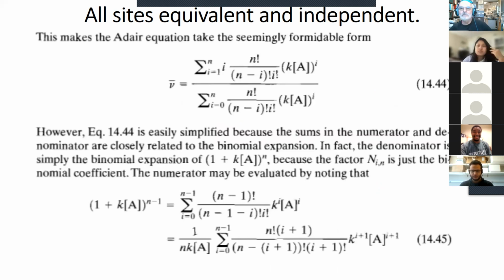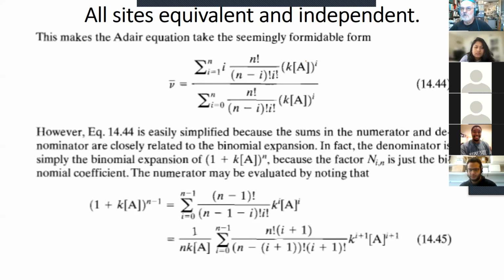Remember up above, we had an equation, big K_i, A raised to the i power. Now we have K raised to the i power, because each addition is multiplied together. They're all equivalent, so they all have equivalent microscopic states, or microscopic binding constants. But there are multiple ways of doing it, and you have to take all of those into account.